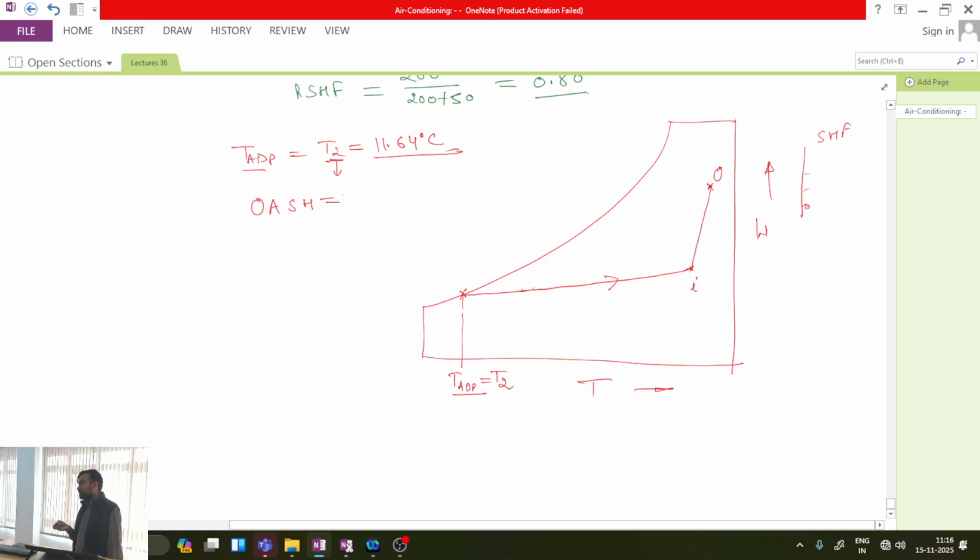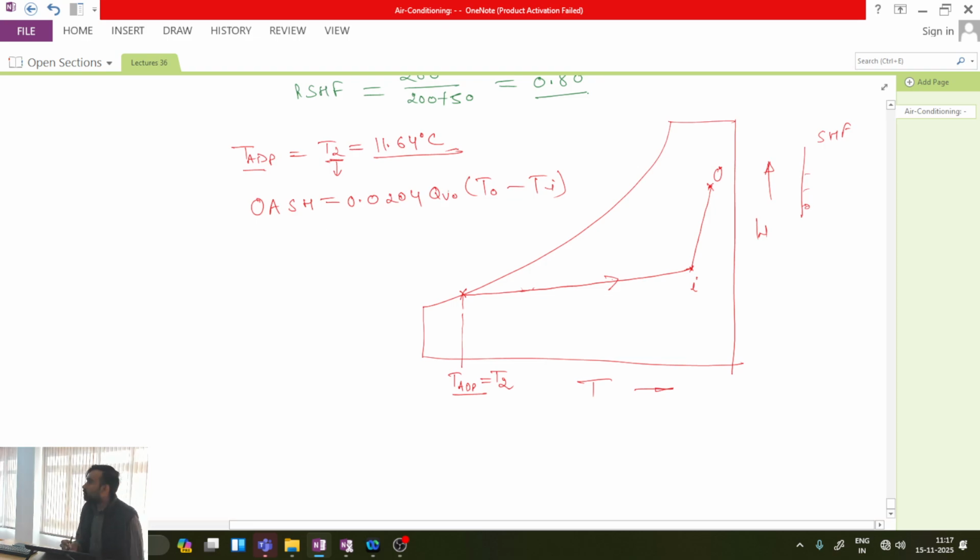What is the formula for outside air sensible heat? 0.0204 QV naught into T naught minus Ti. Okay, is this point clear? That is the formula for OASH.